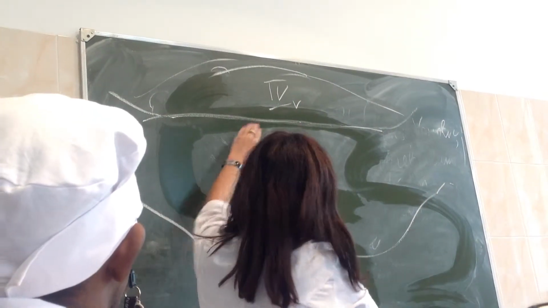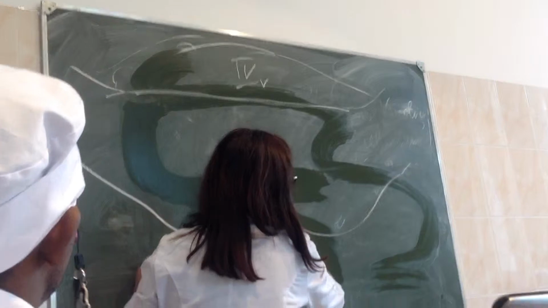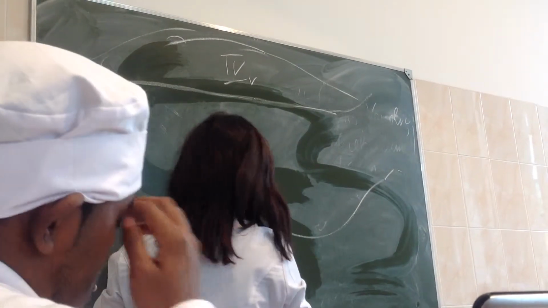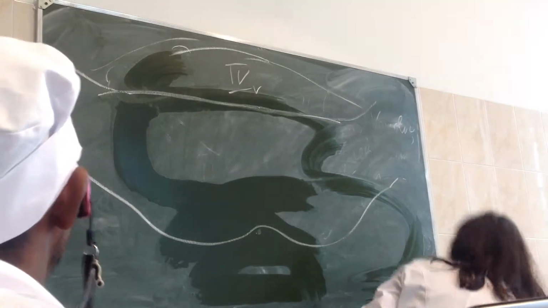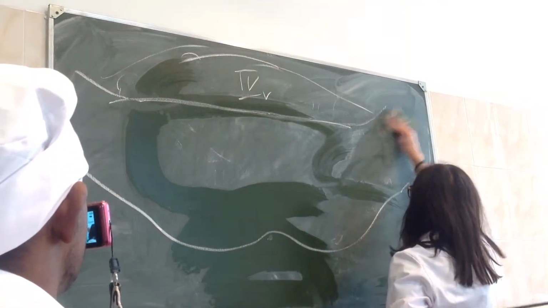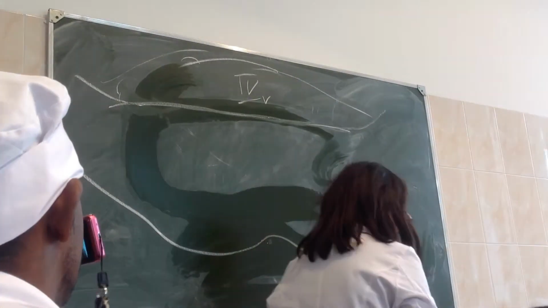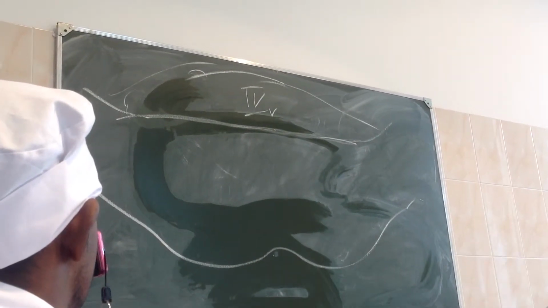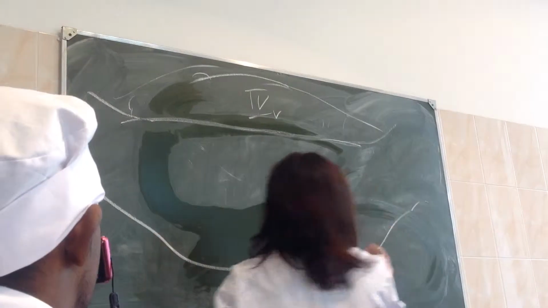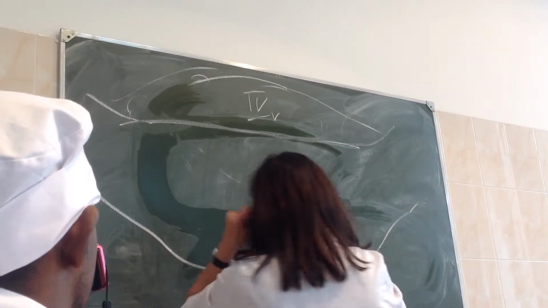Floor of the fourth ventricle, rhomboid fossa upper part. This is the ventral part, sulcus basilaris. And what is this? The middle cerebellar peduncle on transverse section. Inside we have nuclei of the cranial nerves, yes? Gray matter, white matter.